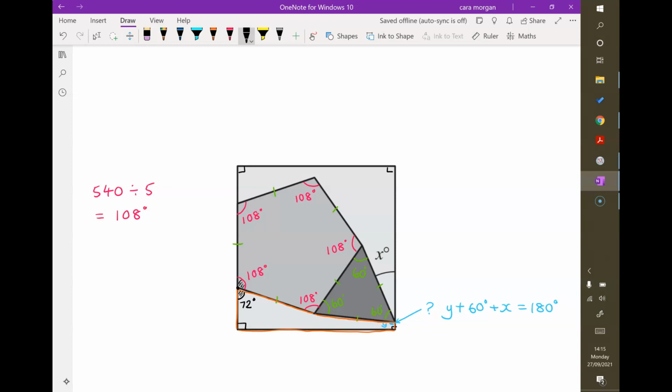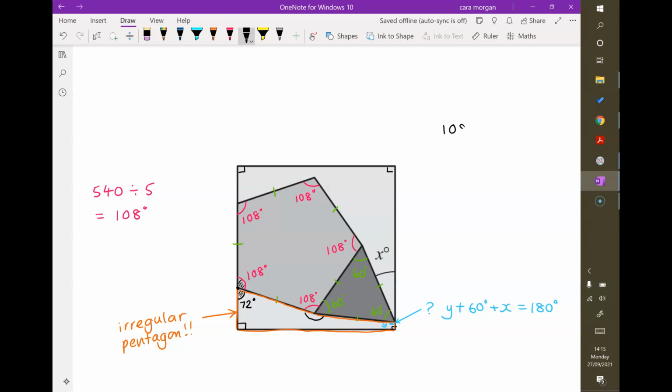1, 2, 3, 4, 5. Of course, I've actually got an irregular pentagon down there. Sorry, I'm just going to call that an irregular pentagon. I've just noticed it's got 5 sides when I stopped to count them. So its interior angles must sum, of course, to 540, as we know. I could work out that angle there.